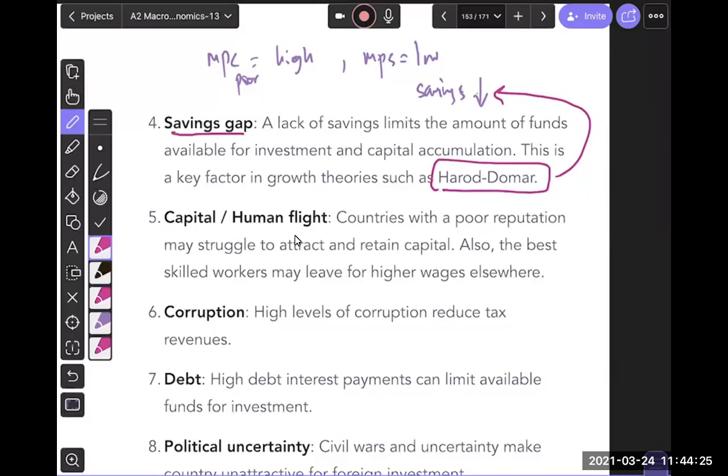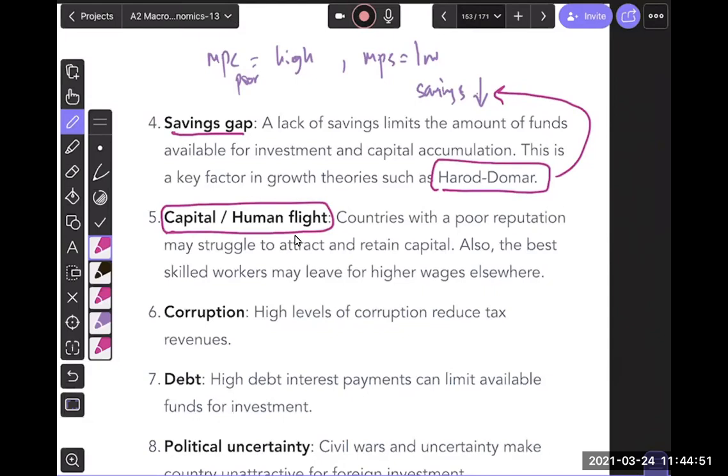Make sense? Then comes, guys, what we call capital or human flight. What is capital or human flight? Well, if you're a poor country, then of course a lot of people leave the country. For example, in Pakistan, you see a lot of you guys try to graduate and go to universities abroad, and may not come back to the country.